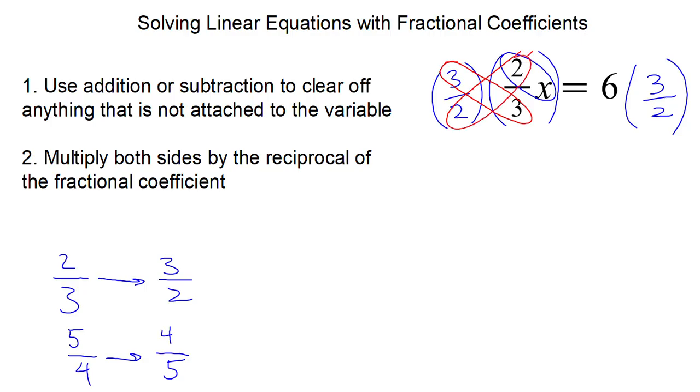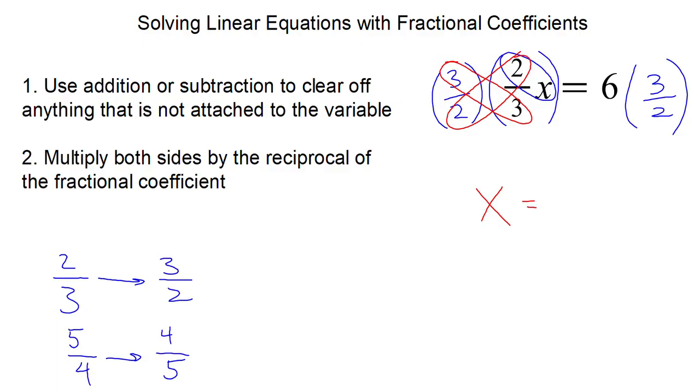So the 2's will cancel and the 3's will cancel. It gets a little confusing looking, but when you multiply by the reciprocal, you're multiplying and dividing by both 2 and 3. If I multiply something by 2 and 3, and then divide by 2 and 3, all that goes away, and all that will be left is an x.